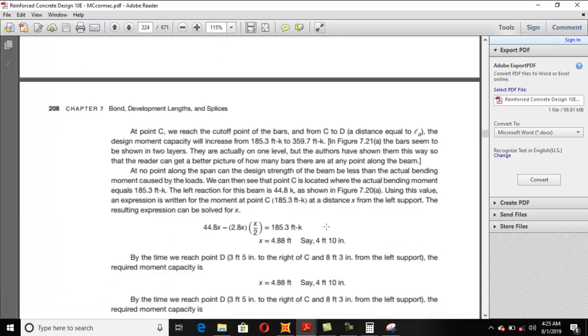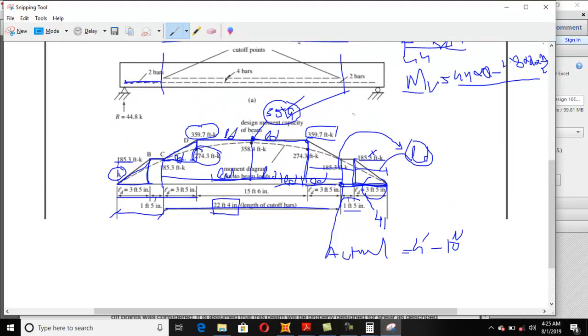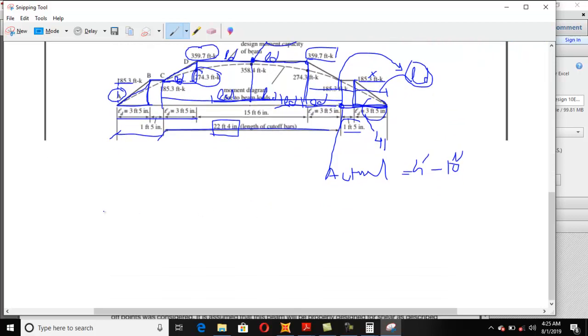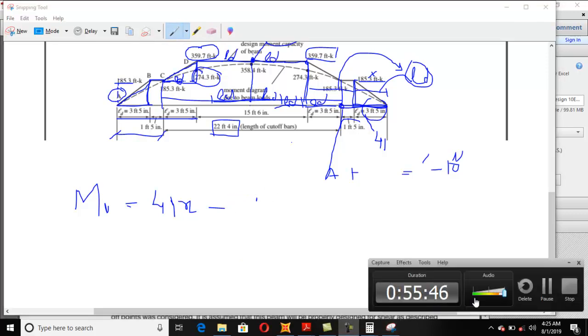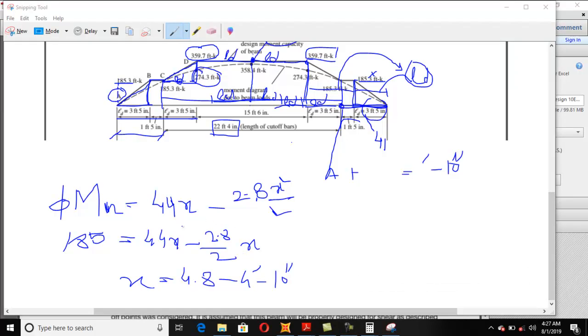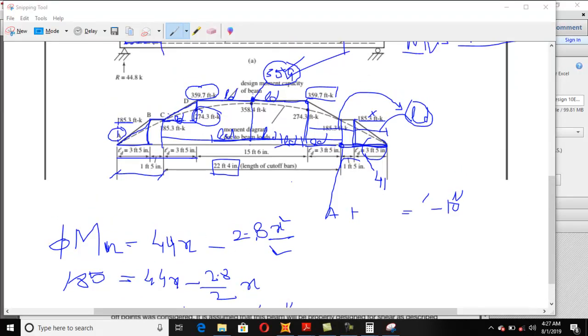So from the same equation which I wrote here, because you know the moment capacity, phi Mu, if you write the moment equation, that is x minus 2.8, as we know that at this point C we have the capacity of the beam, which is 185.